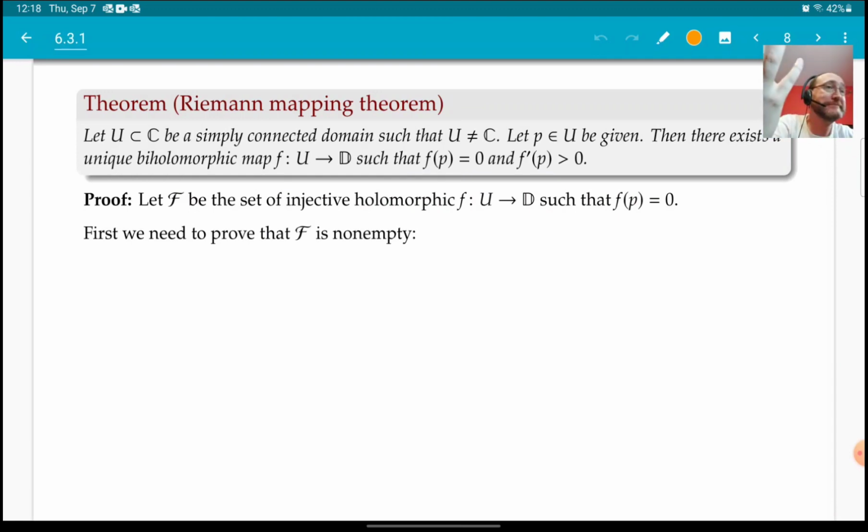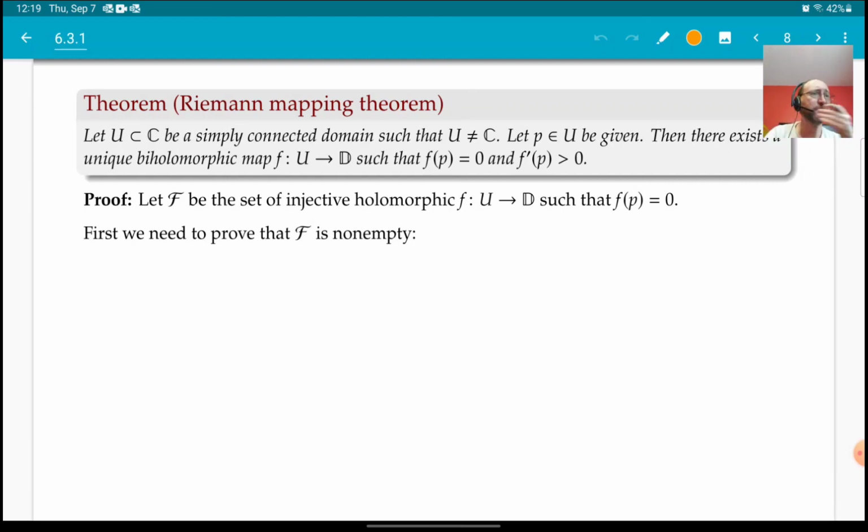If it's empty, we can't find the maximizer. If U was bounded, it would be easy. You just shrink U and map into D. So that's easy. But U could be really big. It could be unbounded, it's just not the whole plane, and it could be like a slit plane, so it might not even have any open set in the complement.